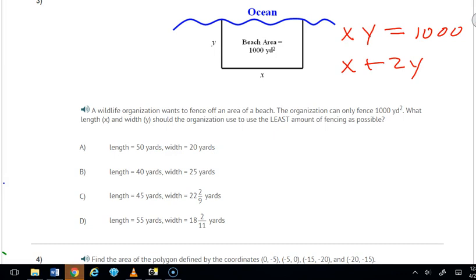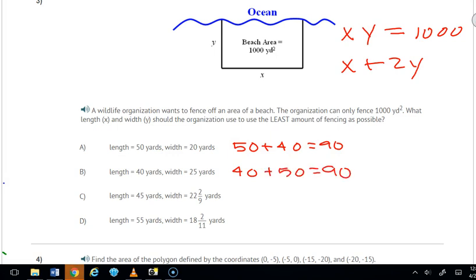But to me, this problem is a little bit easier just by plugging in the answers that are given to us. So what I'm going to do here is I'm just going to go ahead and find out if I do 50 plus 2 times 20 is 40, that's 90. And again, 40 plus 2 times 25, that's 50, that's also 90.